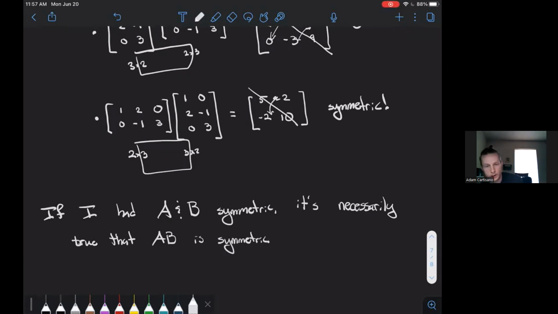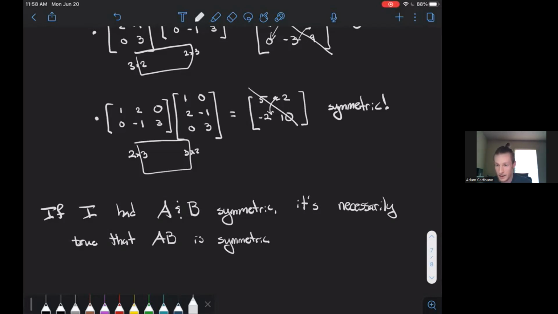Remember that a symmetric matrix has to be square, right? So that's implicit here. Because if you're going to transpose it, the number of rows and number of columns switch, so it has to have the same number of rows and columns already. So if both of these are symmetric, they must also be the same size, square matrices.